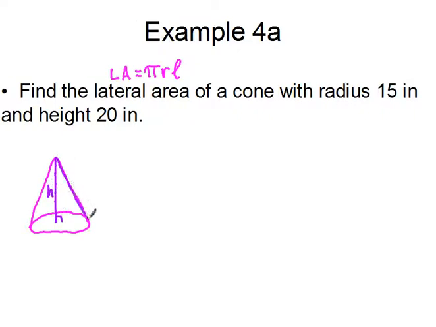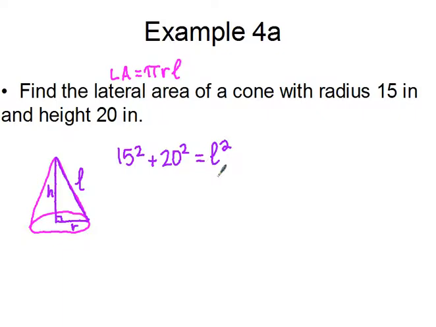This out here is the slant height. What do they make with the radius? Makes a right triangle. So could we do Pythagorean theorem and find what we need to? We know R is 15, and H is 20. So we could do 15 squared plus 20 squared equals L squared.